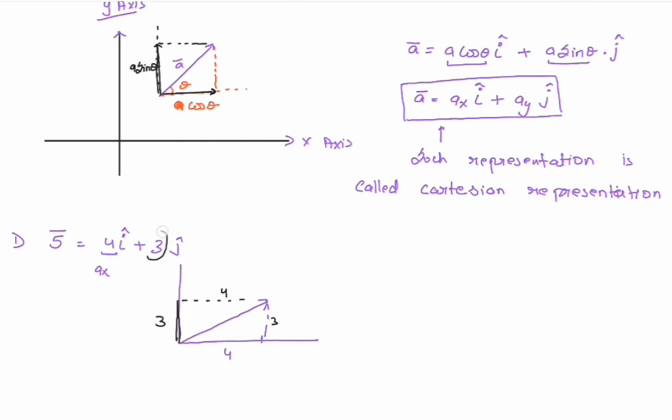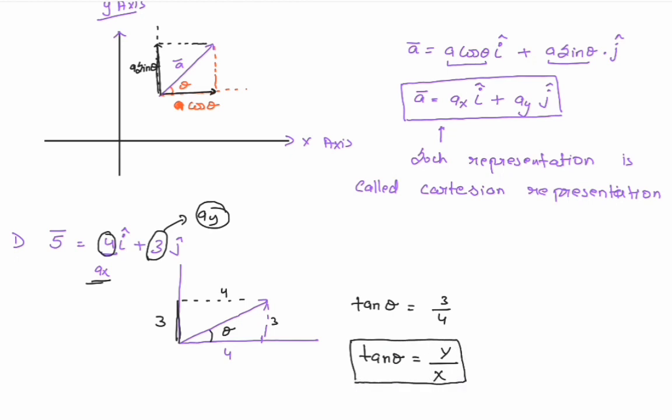Here, if you see, 3 is ay and 4 is ax. The x-axis component is ax and the y-axis component is ay. Suppose this angle is theta, then how to find theta? Then tan theta is equal to the y-axis component divided by the x-axis component, ay upon ax.